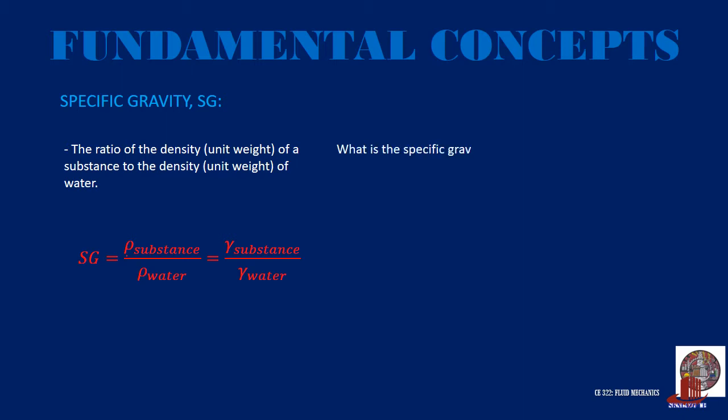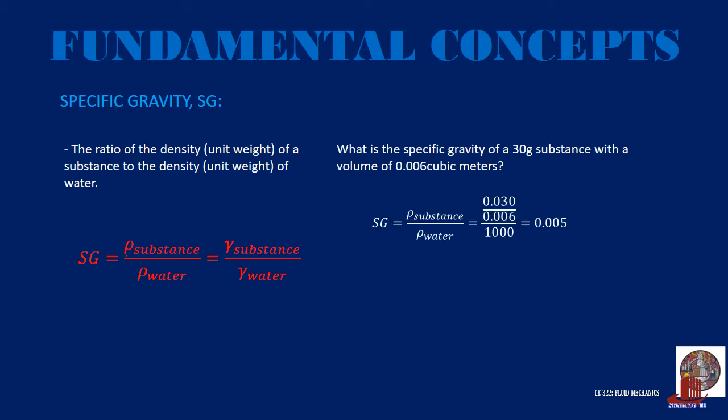Take the example. What is the specific gravity of a 30-gram substance with a volume of 0.006 cubic meters? We can solve this equation using density, and specific gravity will be taken as density of the substance with that of water, where density of the substance is its mass all over volume, or that would be 0.030 all over 0.006.